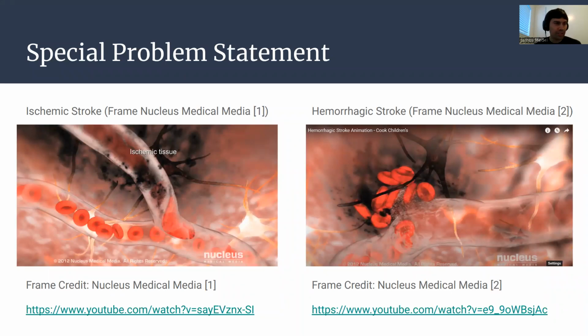So why are we looking at doing AI-driven medical imaging for detecting and segmenting stroke lesions? Well, there are two types of stroke that we're looking to combat. Hemorrhagic stroke is on this right side, a frame from Nucleus Medical Media.